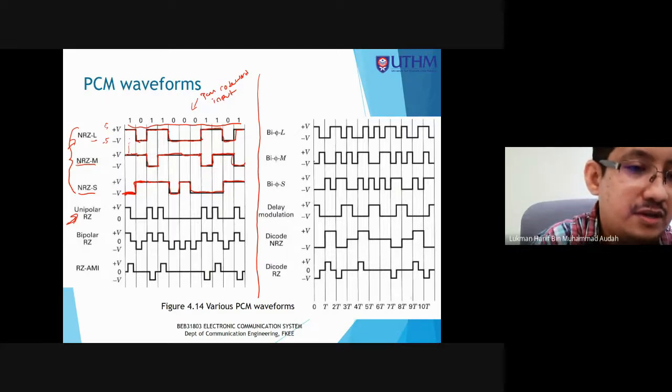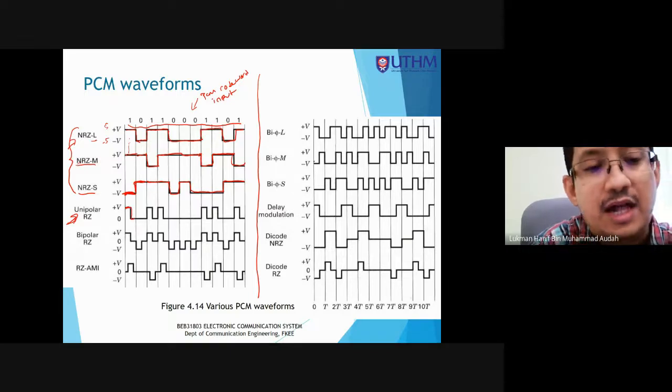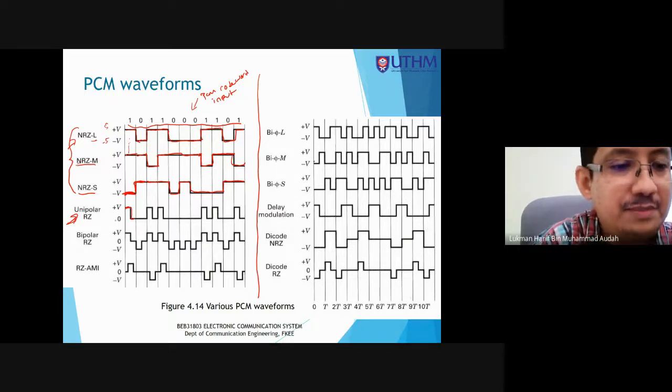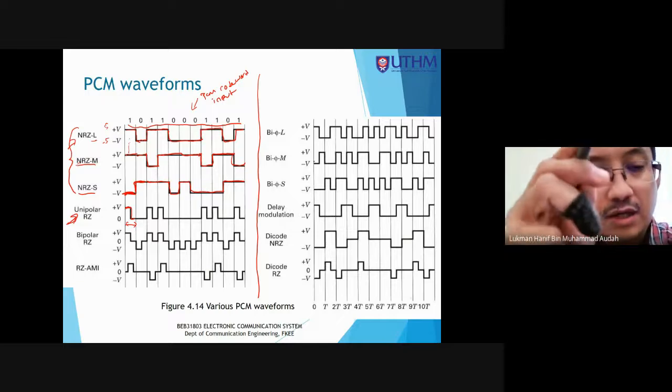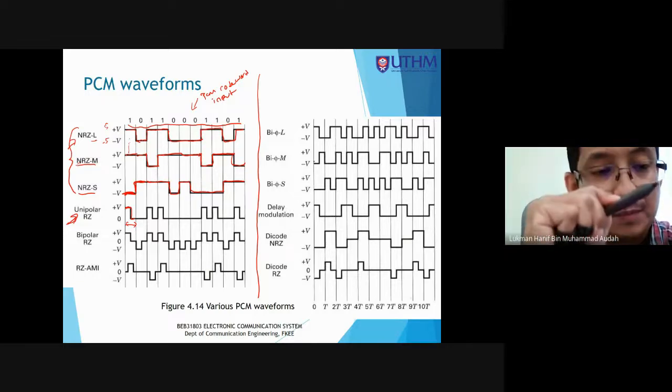Dan kalau you lihat di sini, unipolar RZ for input logic 1 produce positive output and then return to zero for another half bit time. Ini dipanggil sebagai bit time. Separuh daripada bit time itu akan kembali kepada zero.